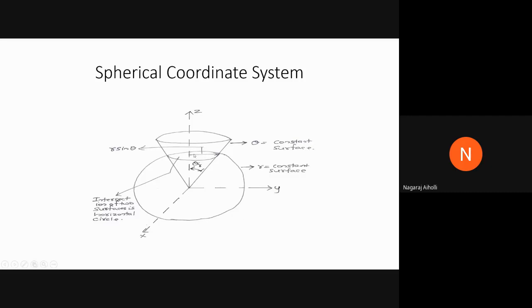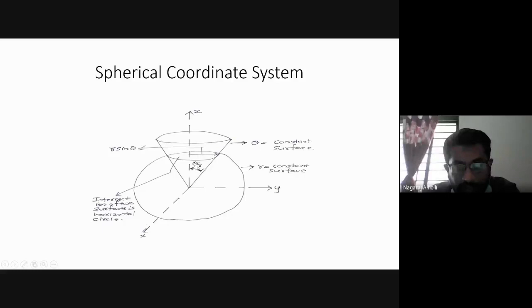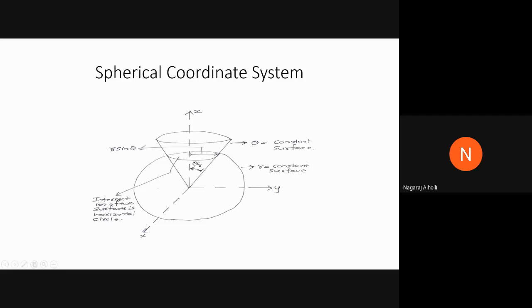What will be the radius of this circle? This is the angle theta. This is the radius r. The radius of the circle is given by the radius r multiplied by the sine of angle theta. Hence, it is r sine theta. Remember, it is the radius of the circle that is formed due to the intersection.